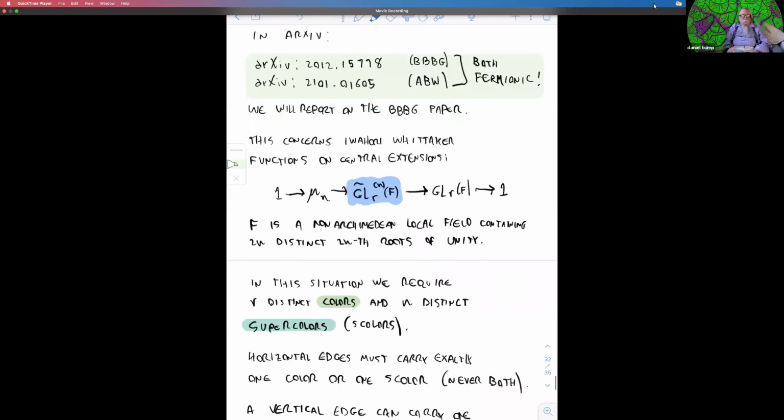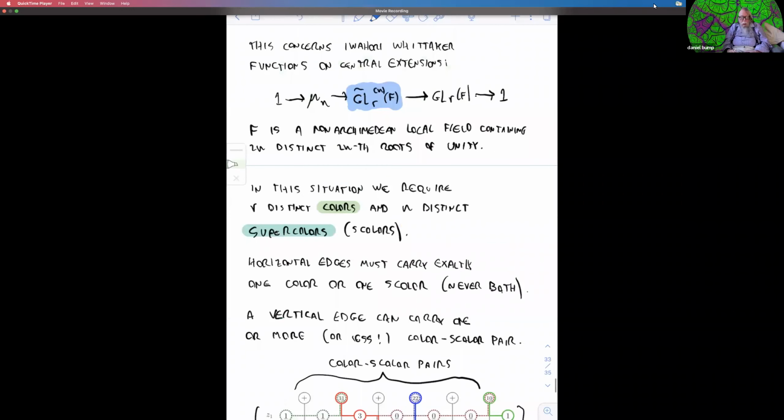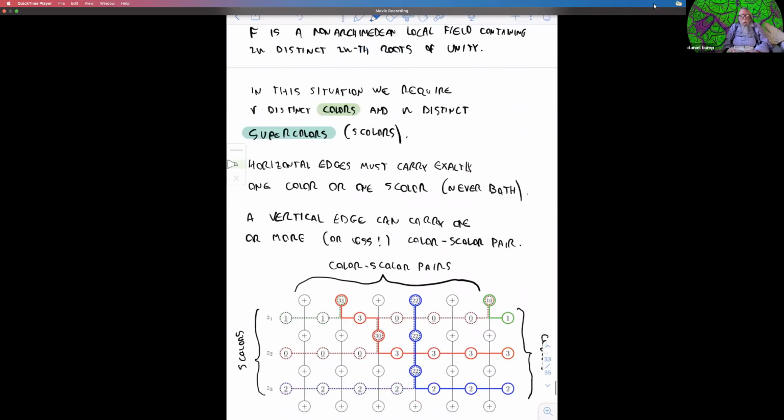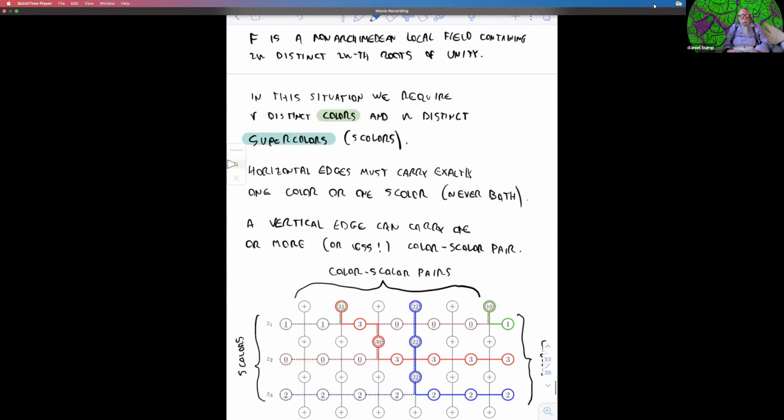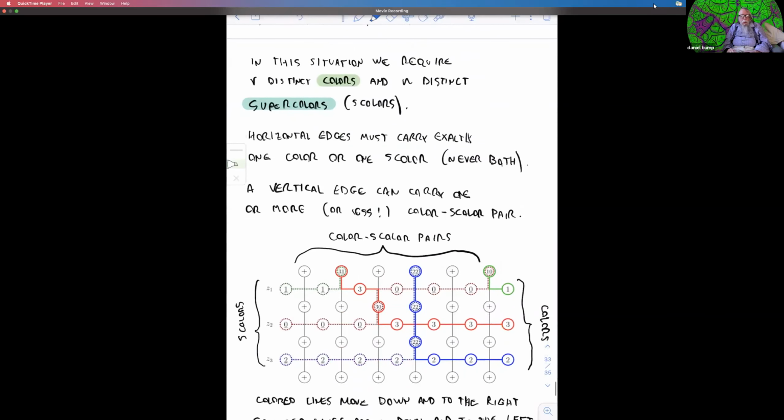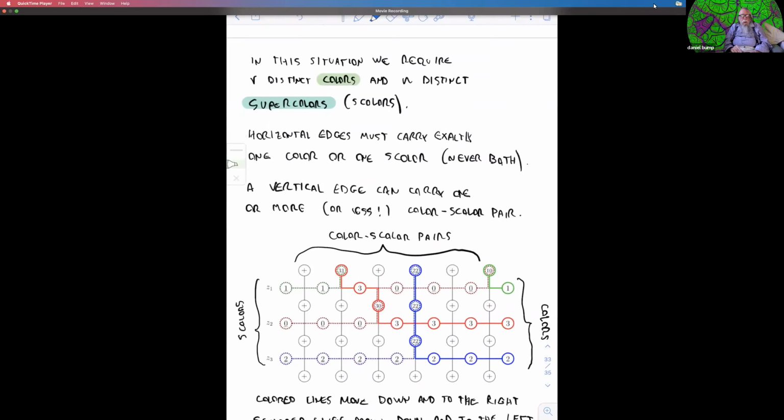Assume that the local field has enough roots of unity, and then you have models which represent these Whittaker functions, and so we need R distinct colors, but we also need distinct supercolors or S colors. The form of the Yang-Baxter equation tells us what the quantum group is, and then when we look at the models, we see these colors and supercolors.